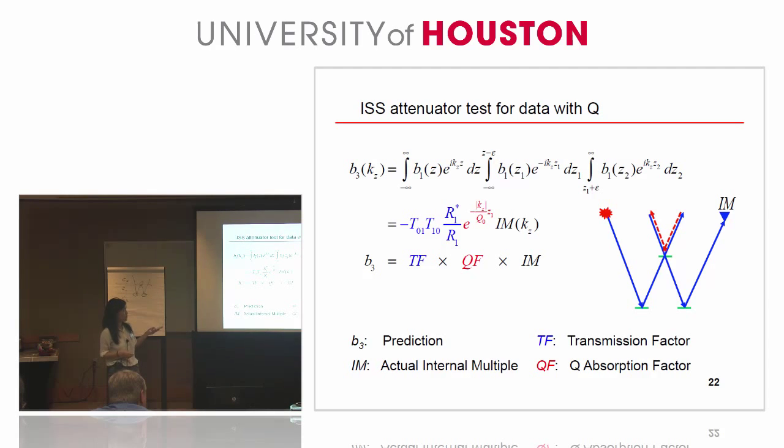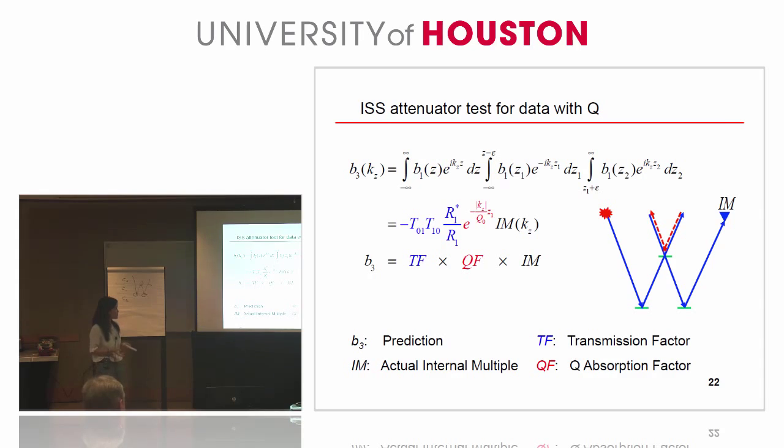For this example, again, only the transmission loss in the first layer is overestimated. With both TF and QF, we can see that the global transmission loss, including the layer and the interface, will be overestimated in this result. Since both TF and QF are smaller than 1, they cooperate to make the predicted amplitude approximate, or smaller than the actual amplitude, but the time is exact.